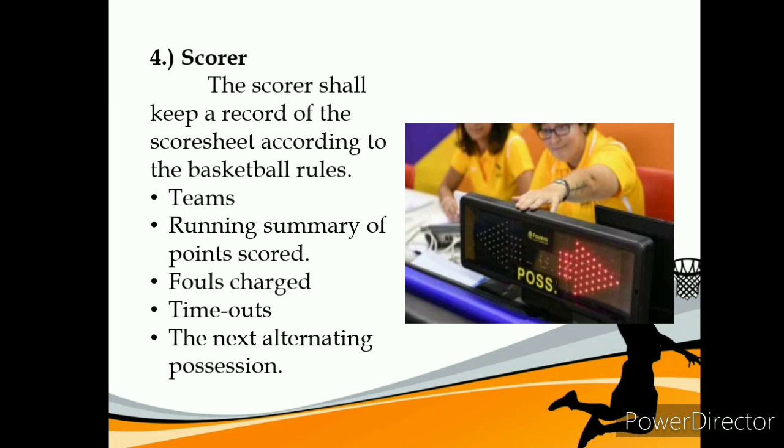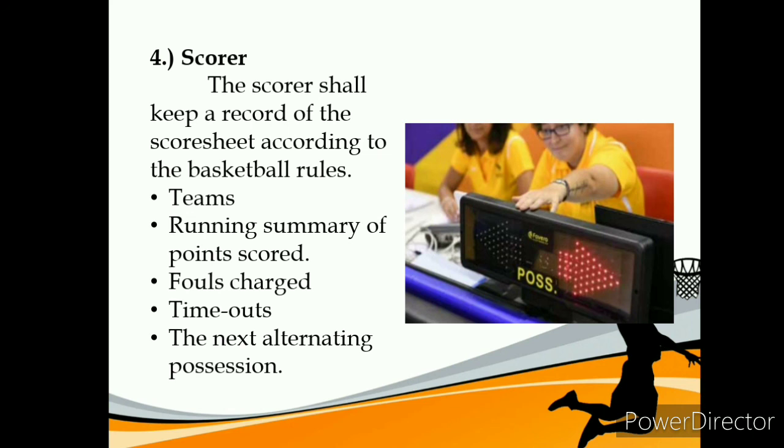In foul charge, the scorer must notify the referee if a player already commits 5 personal fouls. This means that the player already reached the maximum fouls and he or she must be disqualified and be replaced by the substitute.